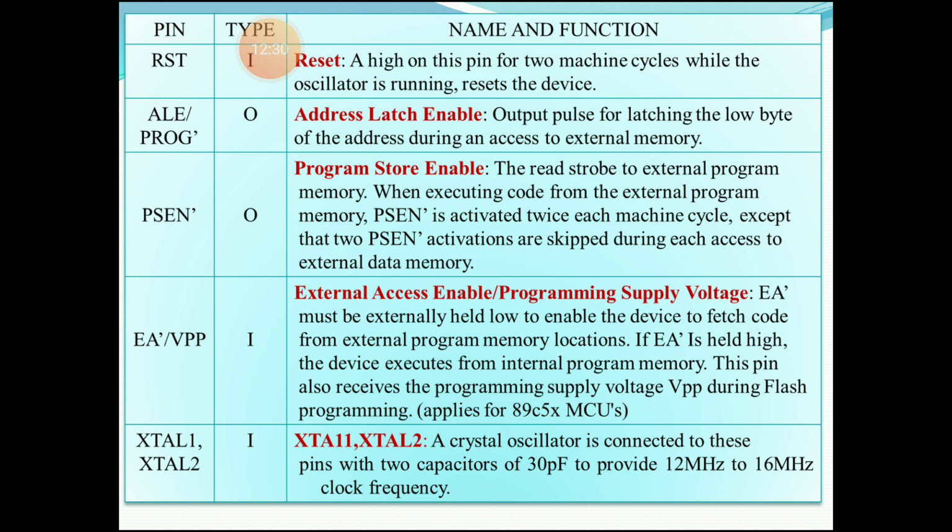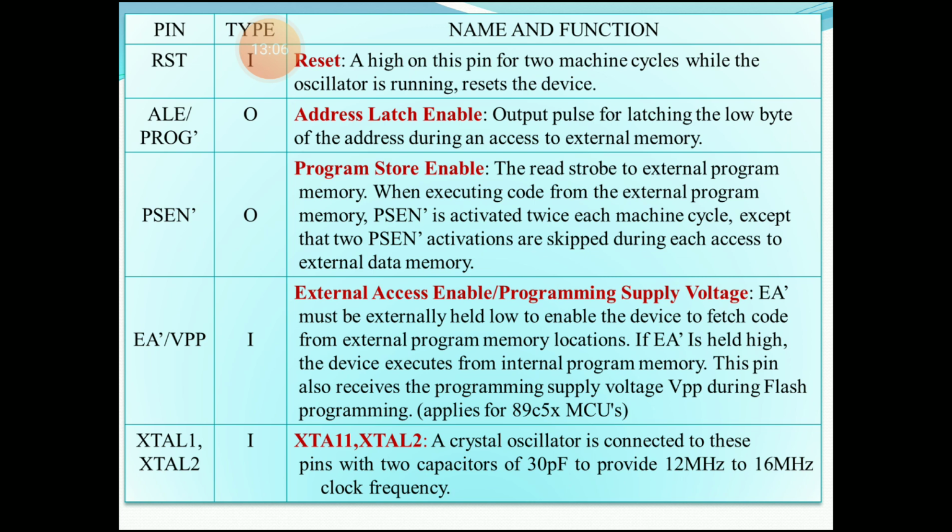The reset pin is an active high pin. When this pin becomes high, the processor or controller enters into reset mode. And the pin ALE or PROG can latch the lower byte of the address while accessing external memory. The PSEN bar is called program store enable. This pin can enable the external program memory. And EA bar slash VPP stands for external access memory or program supply voltage.